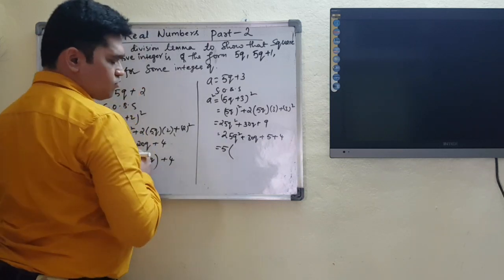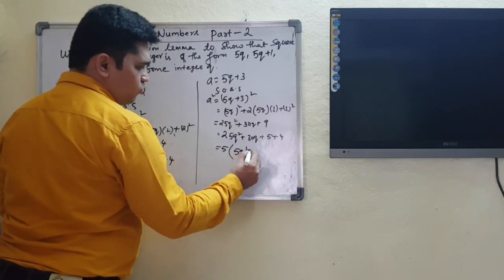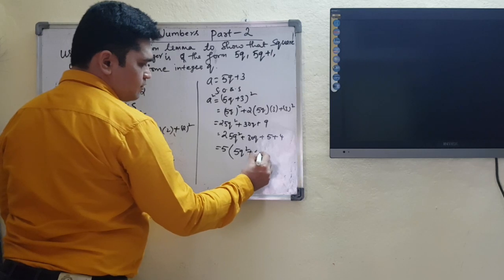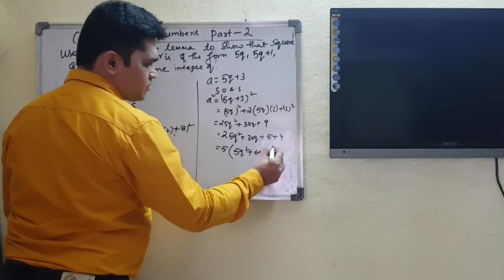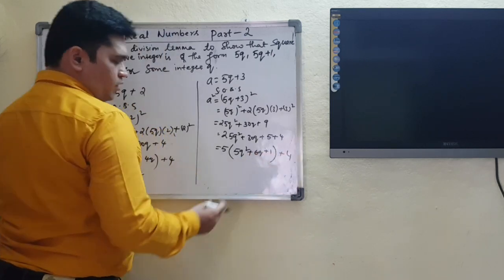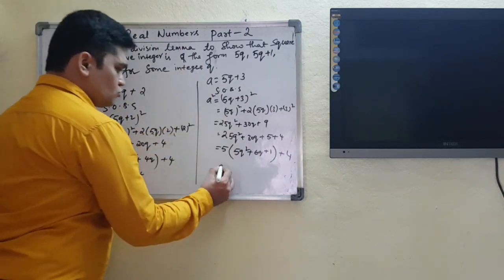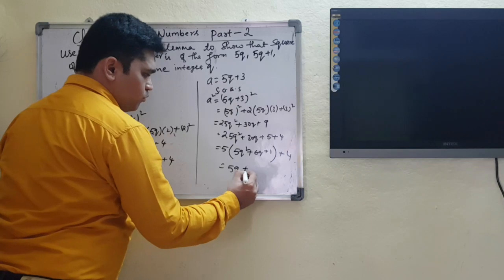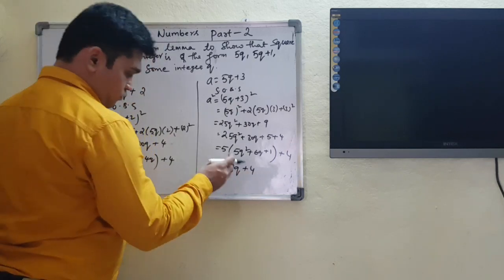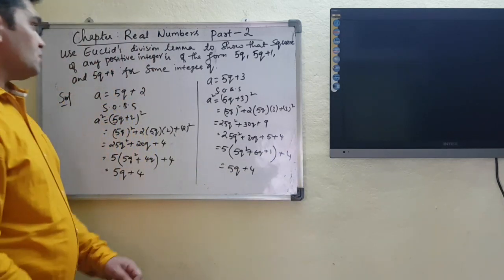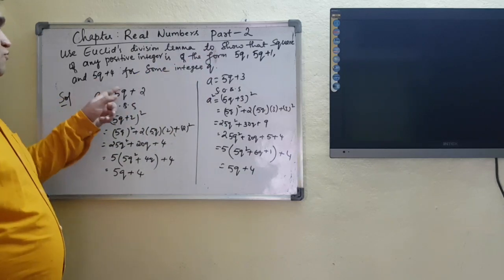So 5 is common, 5q square plus 5 6s are 30q plus 5 1s are 5 plus 4. Again the bracket term will be considered as some integer q, so it will come as 5q plus 1, 5q plus 4. Again it is in the form, it is in the question, 5q plus 4.